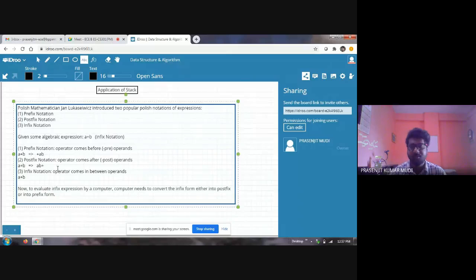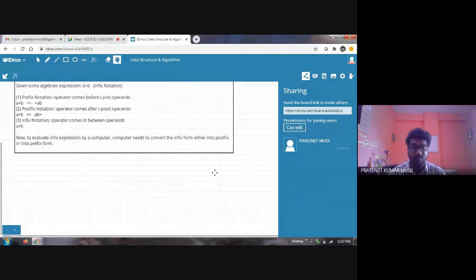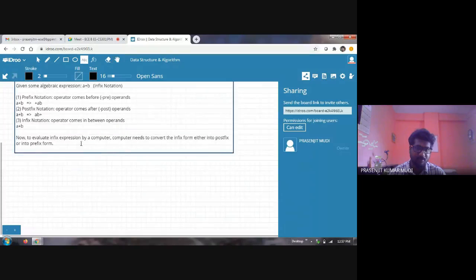So today our first discussion is on conversion of infix notation into the corresponding postfix form.